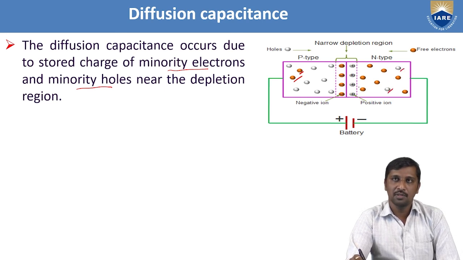So with respect to your applied energy, these minority charge carriers are diffusing from one region to another region. Before they reach the majority charge carriers, they establish a charge nearby this junction, and from that point it acts as a conducting plate.